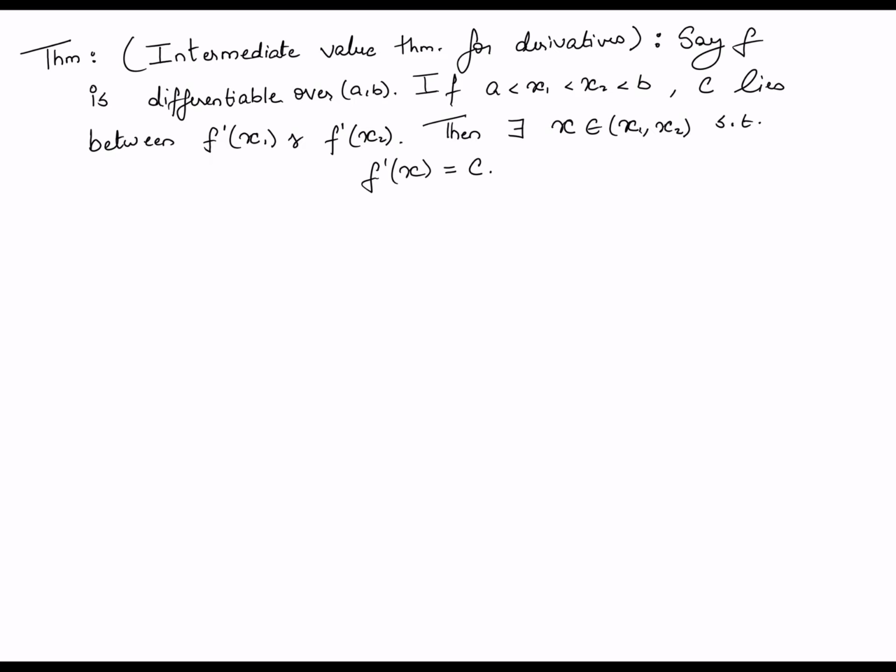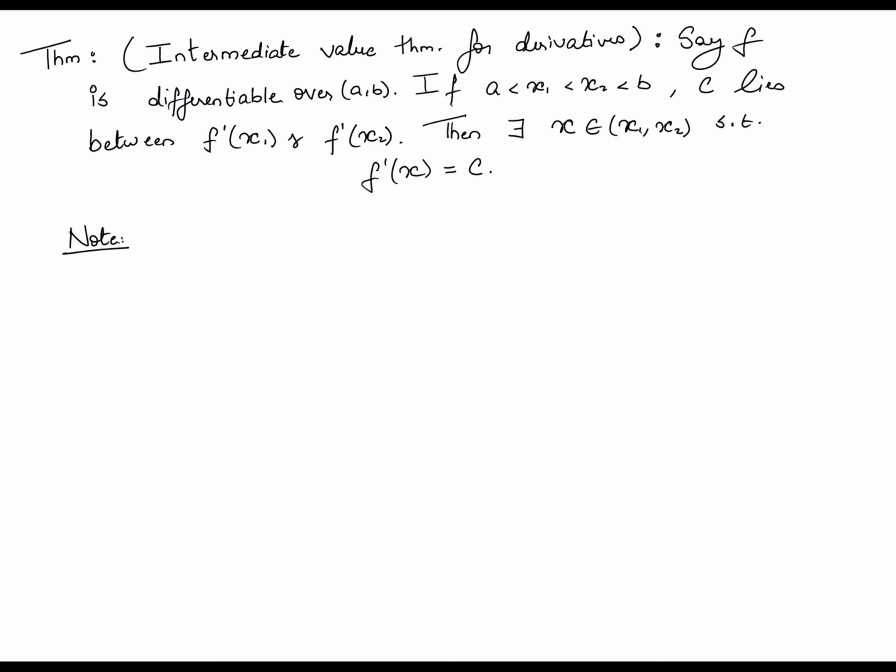Okay, so there are a couple of things to note about the statement before we get into the proof. The first is that we know that continuous functions satisfy the intermediate value property, right? If you have any continuous function, then all values between two values attained by the function are attained.